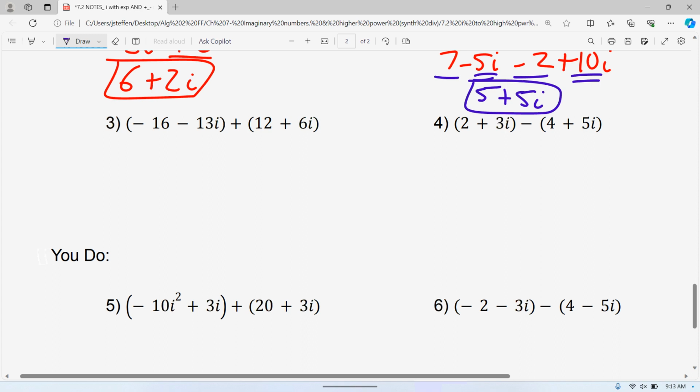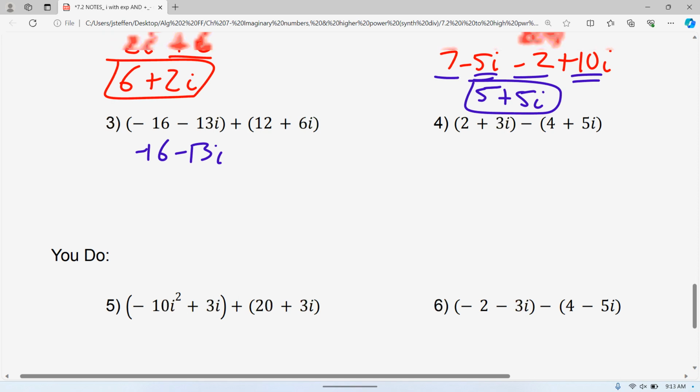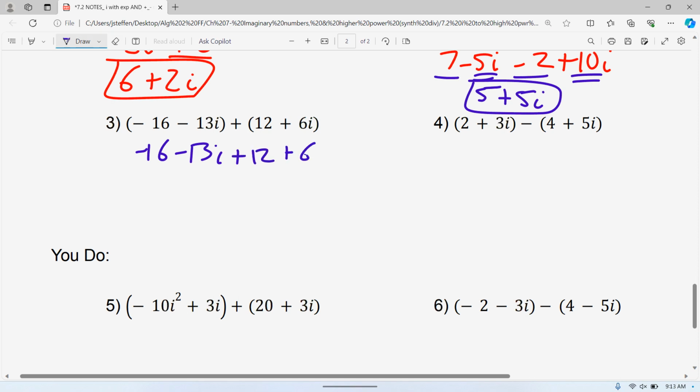Since you're adding both of those, you don't have to change it. It's the same way with these problems. However, I would still recommend your first step be to drop the parentheses. Now, some of you aren't going to do this because it looks like it doesn't actually help you at all. But it's going to help you with number 4, I'll talk about that in a second.